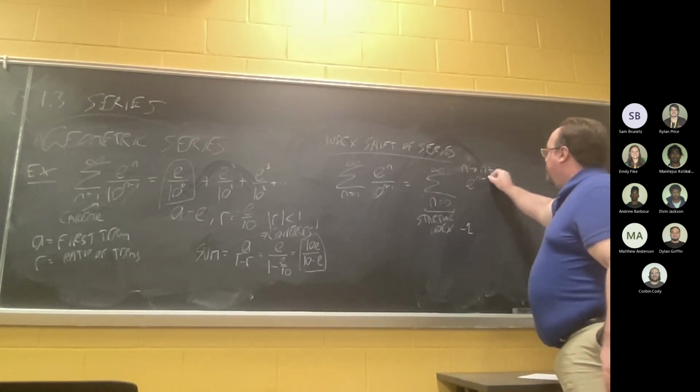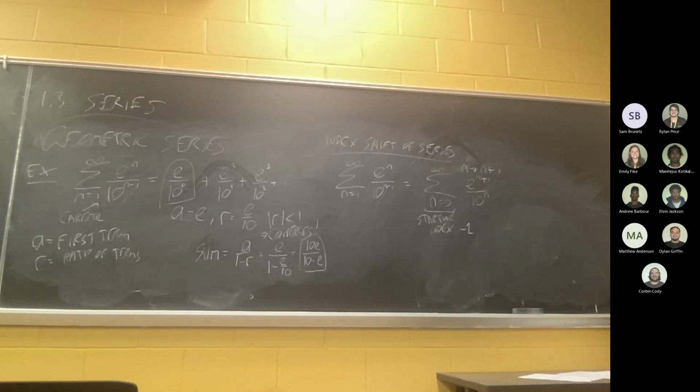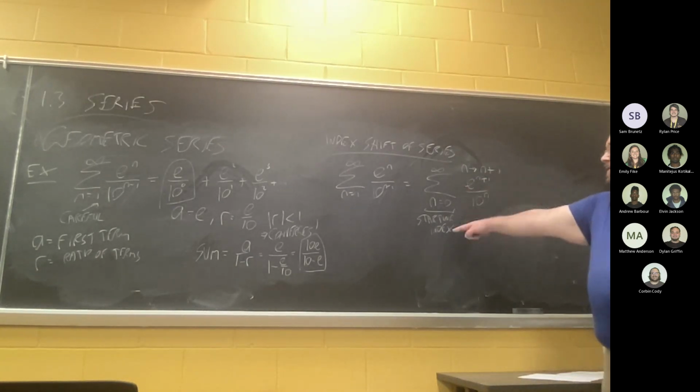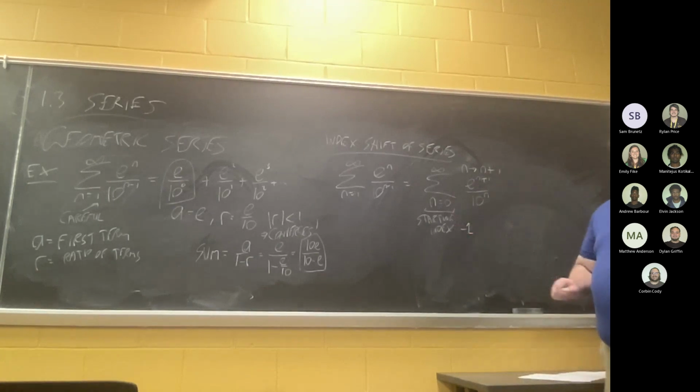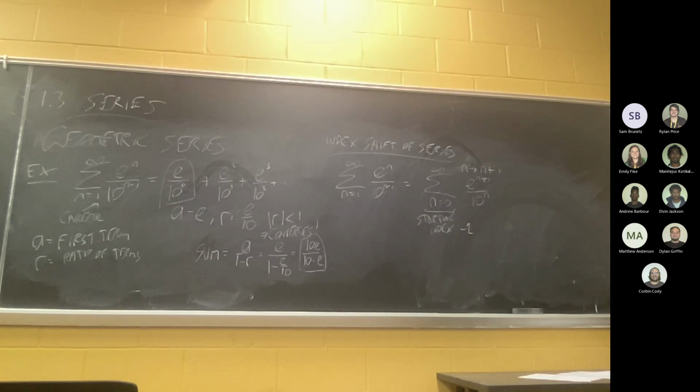So e to the n plus 1 over 10 to the n. That's how you perform an index shift. Whatever amount you decrease your starting index by, you increase n in the expression inside. These actions compensate for each other so that the expression you have is equivalent to the original one.